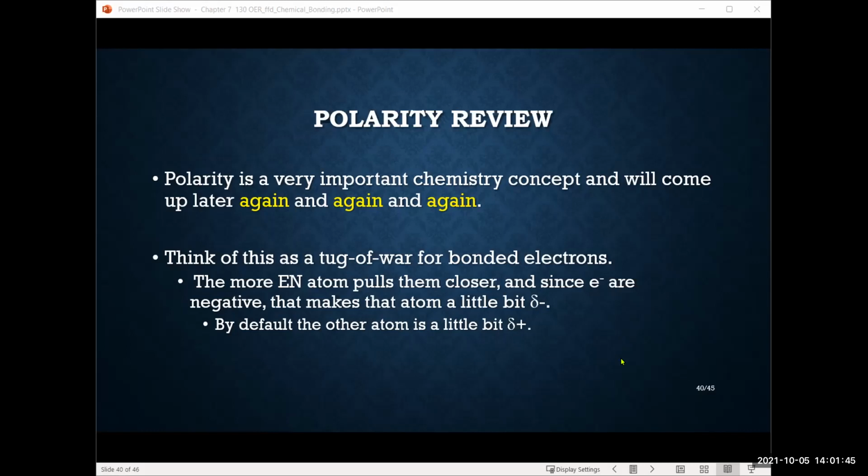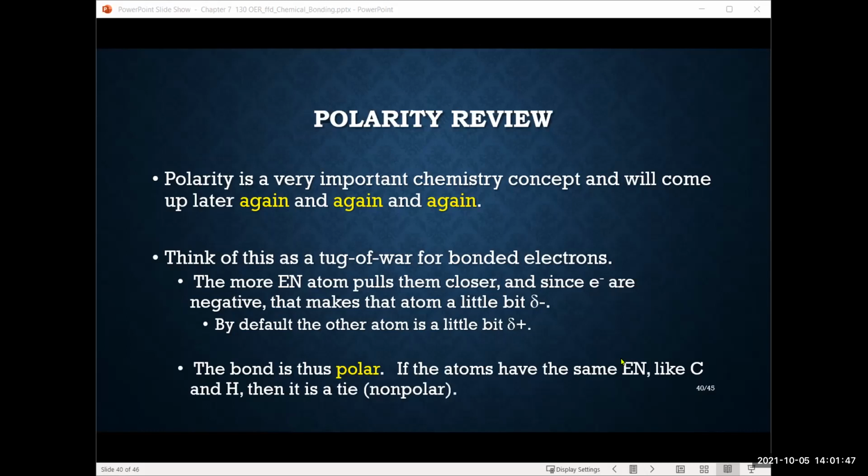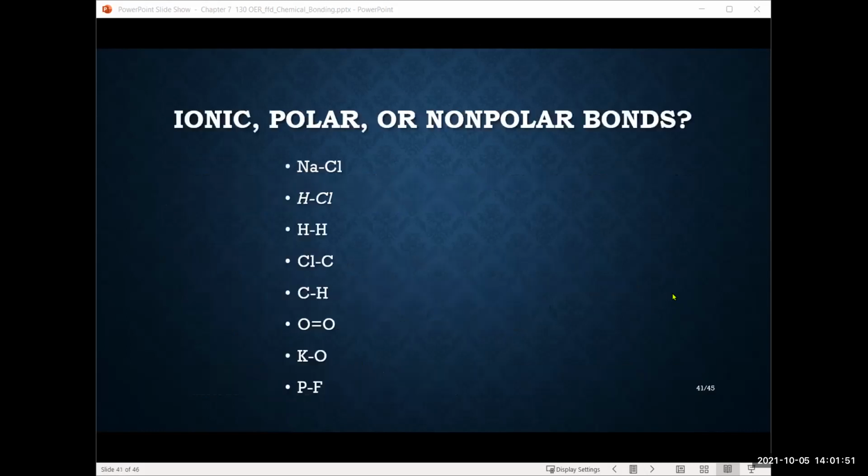Not a lot, not a full-fledged charge, but enough to call it a polar bond, okay? So here we have things like ionic, polar, non-polar bonds. So we know that a metal, non-metal combination is an ionic bond, okay?